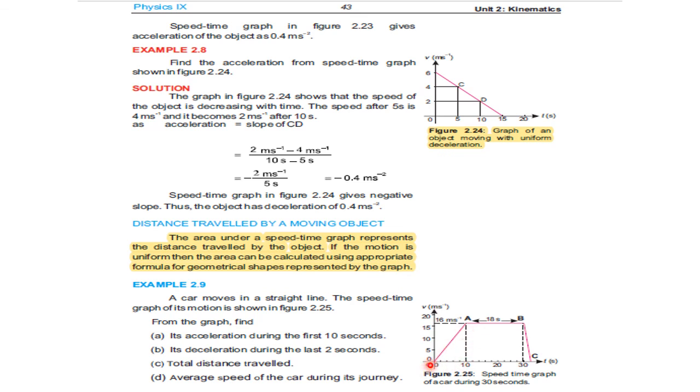So you can easily find the area under the graph, which is the area of a triangle, and by using this you can find the total distance traveled by the object. When we have uniform motion, we can find the area by using the appropriate formula of geometrical shape.